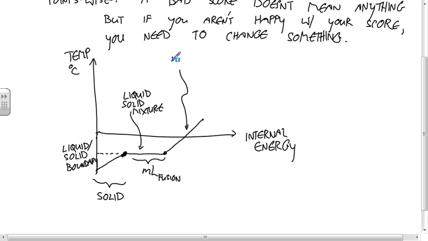Now at this point, it's all liquid, and the temperature is increasing until you get up to a new boundary point, and that is the gas-liquid boundary.